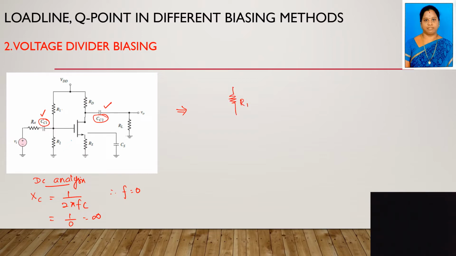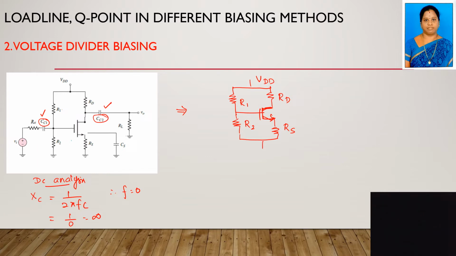Here R1, then you have the resistor R2, here the MOSFET transistor, here we have RD, here RS, and this is VDD.